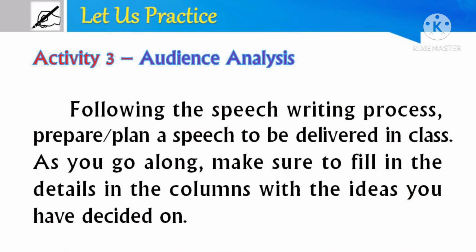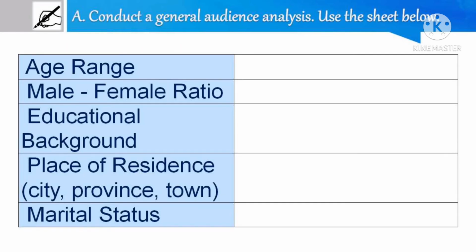Activity 3. Audience analysis. Following the speech writing process, prepare or plan a speech to be delivered in class. As you go along, make sure to fill in the details in the columns with the ideas you have decided on. The first task that you will be doing is to conduct a general audience analysis. Use the sheet below.